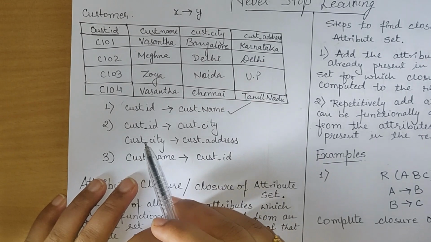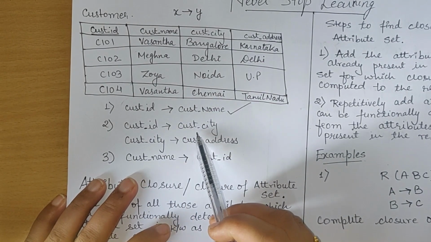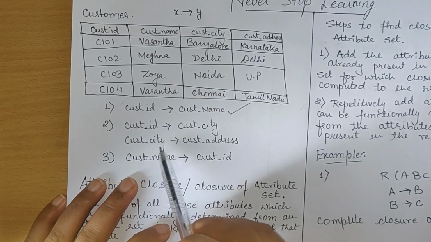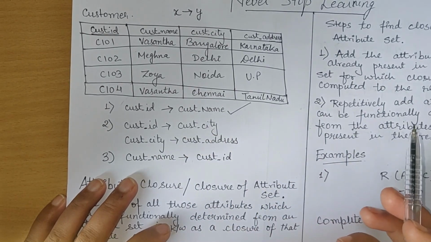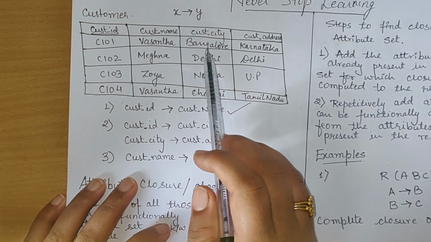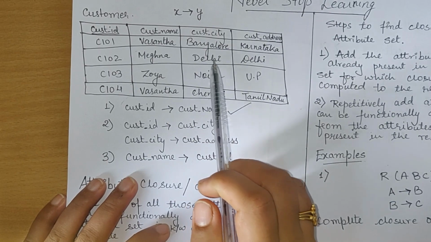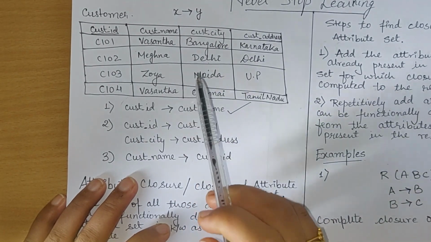Next we have the functional dependencies where customer ID determines customer city and customer city determines customer state. Let's check again here. Vasanta Bangalore, Bangalore Karnataka. Meghna Delhi, Delhi, Delhi, no problem.